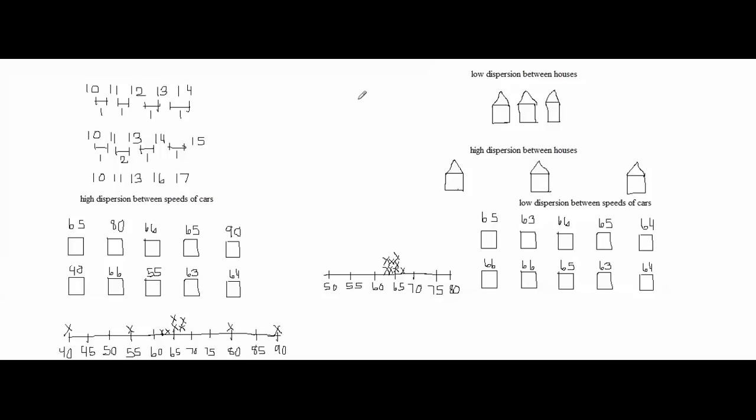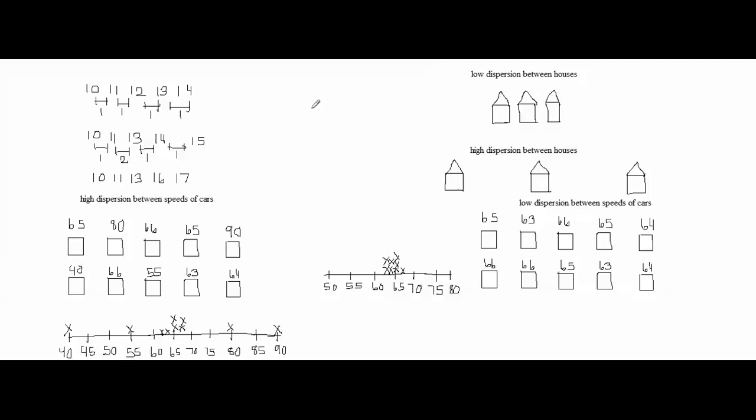So we have one extreme down here with all students earning 75%, which is no spread, and an extreme over here with half the students earning 50s and half earning 100s, which would actually be the maximum amount of spread possible.